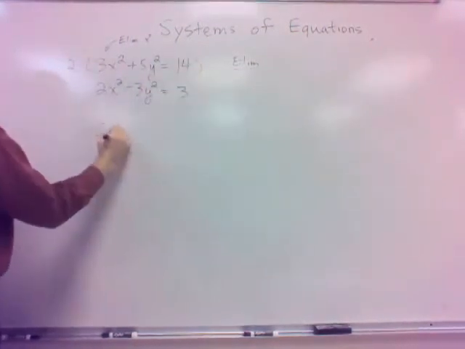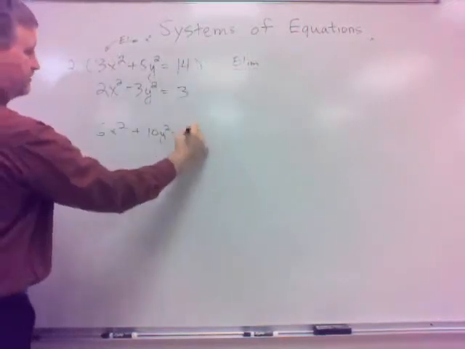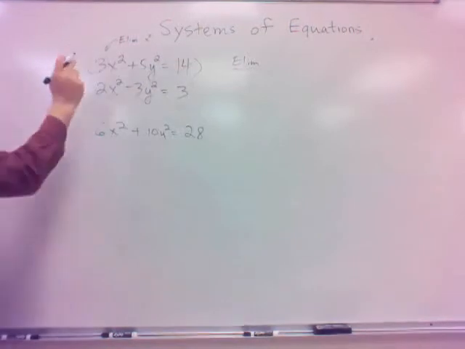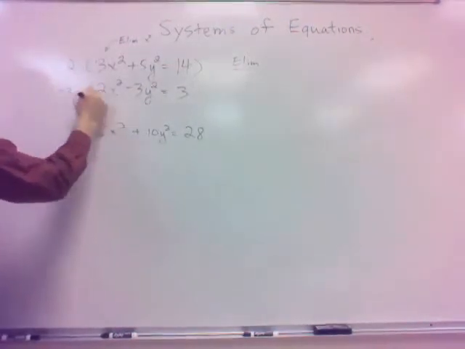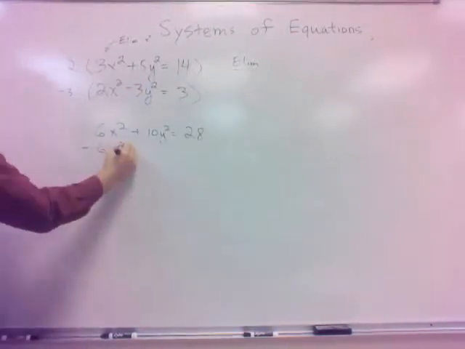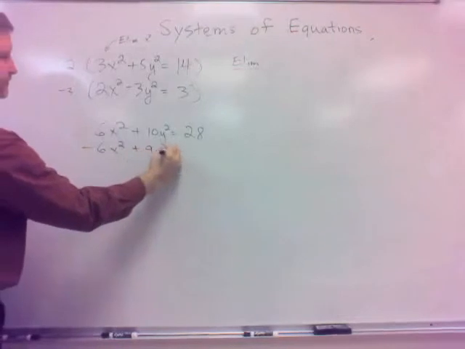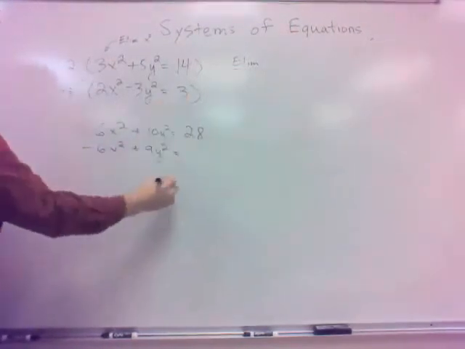So that'll be 6x squared plus 10y squared equals, and don't forget, you have to multiply both sides by 2, so it's 28. Then the bottom I need to be negative 6x squared, so I need to multiply by what? Multiply by negative 3. So that'll be negative 6x squared. Negative 3 times negative 3 is positive 9y squared. And then negative 3 times positive 3 is negative 9.